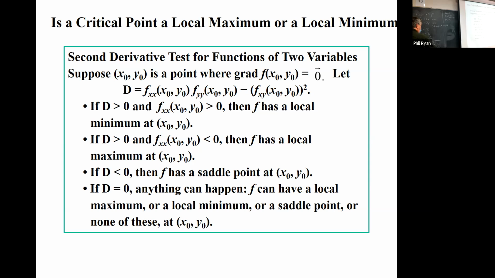It's positive, so it's a local minimum. So you just get a more complicated version of the second derivative test. That's the main formula that you have to remember.